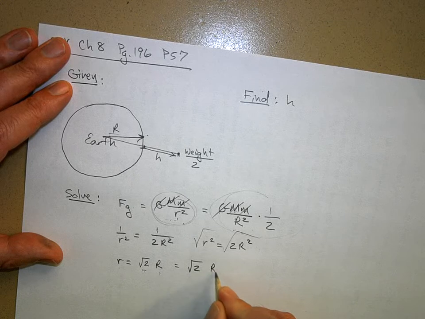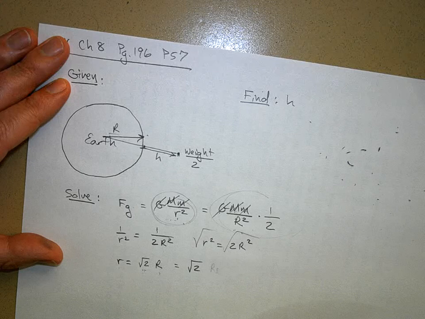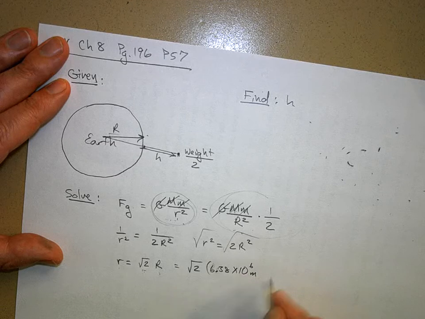Now the radius of the Earth, you have to look it up. But it's 6.38 times 10 to the 6 meters.